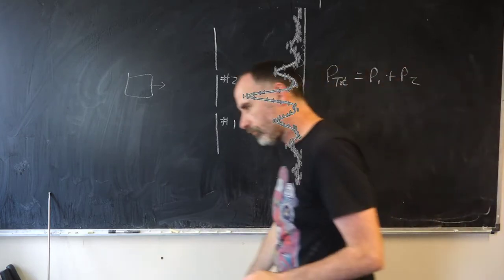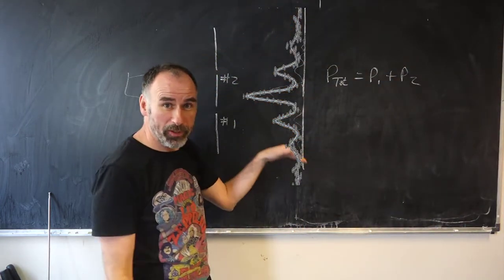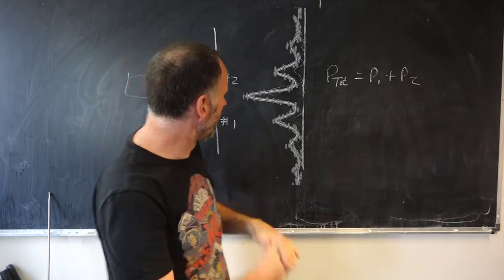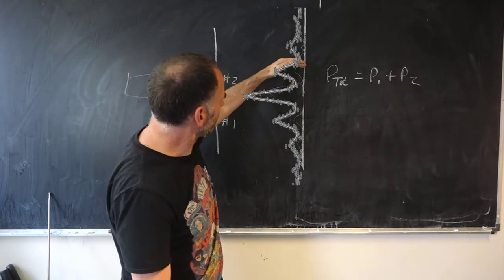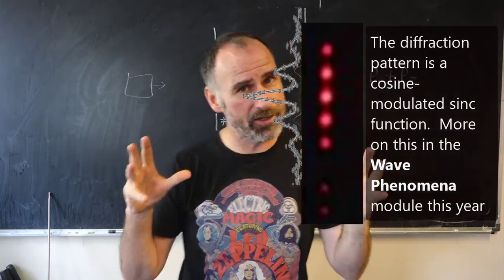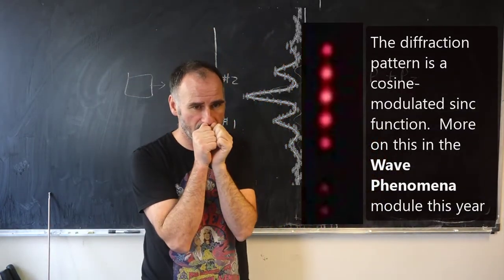Now, it looks like that, and then actually over here there would be other orders of diffraction, etc. But we're just going to focus on that central peak, where you've got maximum, minimum, maximum, minimum, etc., and it's symmetric, which is very, very different from the classical argument.